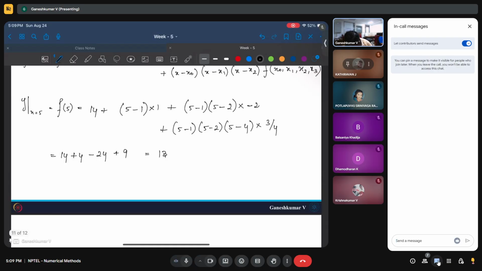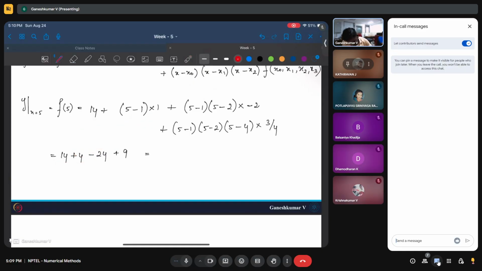Let me check this one more time. So this is 5 minus 1 is 4, 5 minus 2 is 3, 12, 12 into minus 2 is minus 24, and this is 4. 14 4 is, okay, sorry, 14 4 is 18. 18 plus 9 is 27. 27 minus 24 is 3.